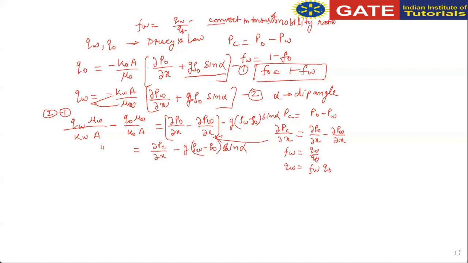To convert the QW and QO values in terms of FW: QW is equal to FW QT, and similarly QO is equal to 1 minus FW times QT.